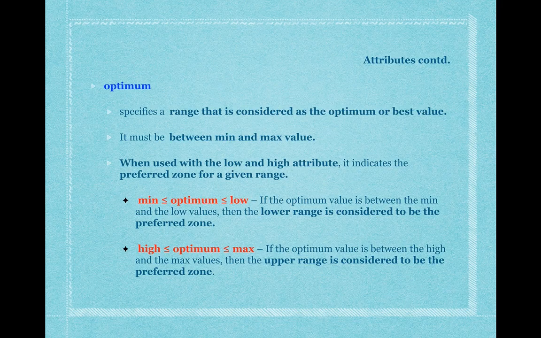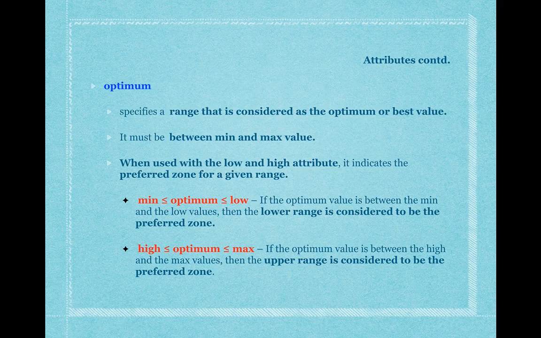The last attribute of the meter element is optimum. It is used to specify a range that is considered optimum or the best value. It should be between min and max values. When this is used with the low and high attributes, then it indicates the preferred zone for a given range.